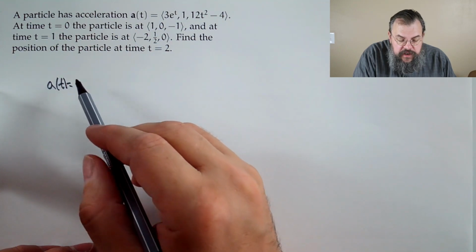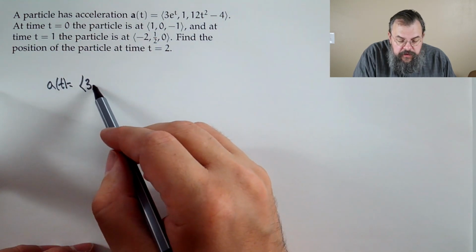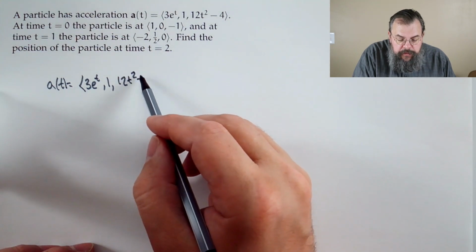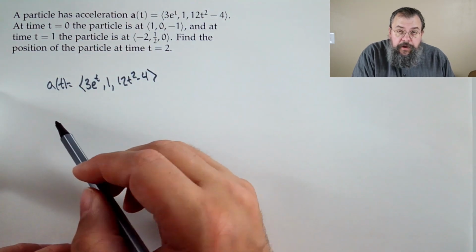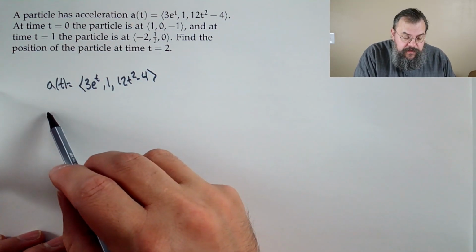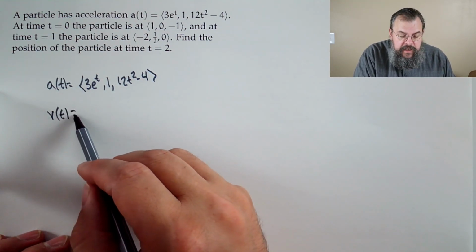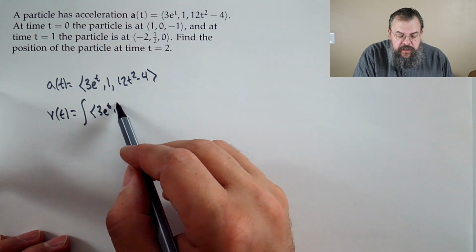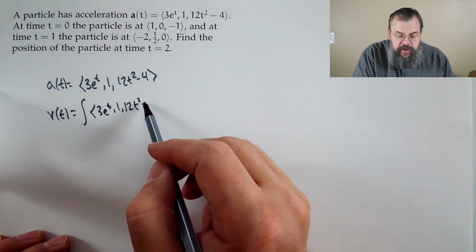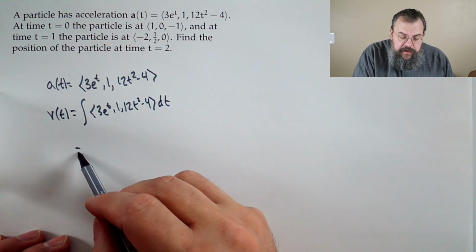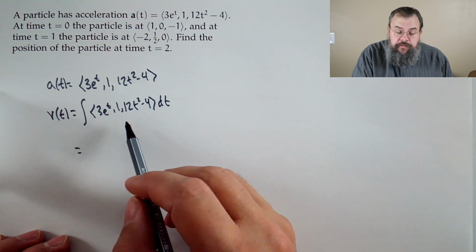So acceleration is 3e^t, 1, 12t² − 4. Okay, first step, take an antiderivative. So velocity is the integral of this function. Oftentimes we won't write this part down, but just emphasizing what's going on. And we do the antiderivative term by term.